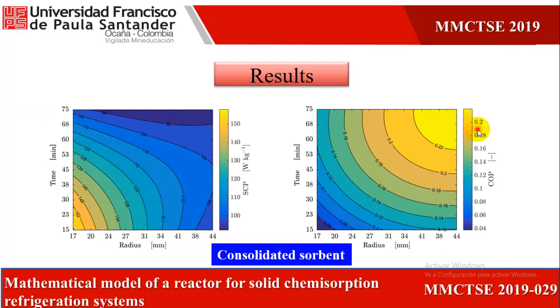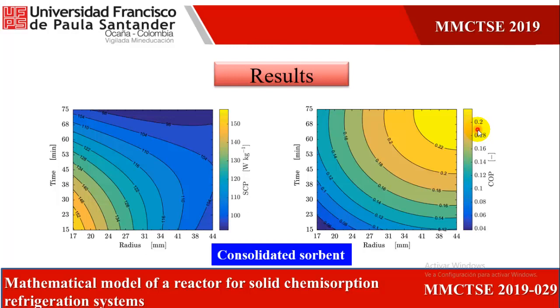Once the model is properly implemented and validated, the next stage in this results phase is to investigate the impact of operational parameters. The first analysis presented here is this figure for the consolidated sorbent. Note that for consolidated sorbent, the increase of the time of the cycle brings a negative impact on the specific cooling power.